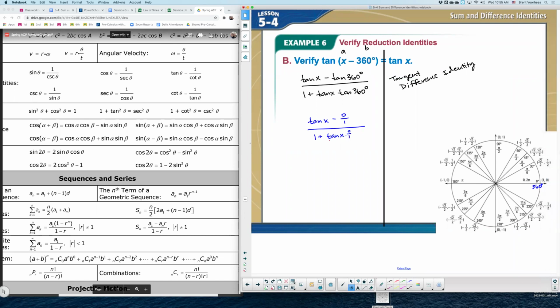Now multiplying by 0 cancels all that out. And so you're left with tangent x over 1, which simply put is tangent x. And all that was doing was algebra right there. And that would be your solution.